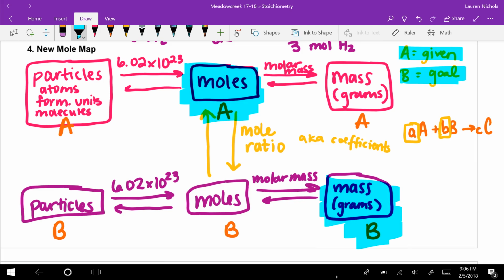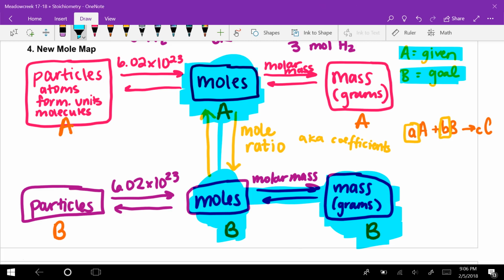So in order to go from moles of A to grams of B, since they're not connected directly by arrows, we're going to have to go through mole ratio to moles of B, and then we're going to have to go from moles of B through molar mass to get to grams. So it's 2 steps. We're going to use this to help us model what we do in our problem.